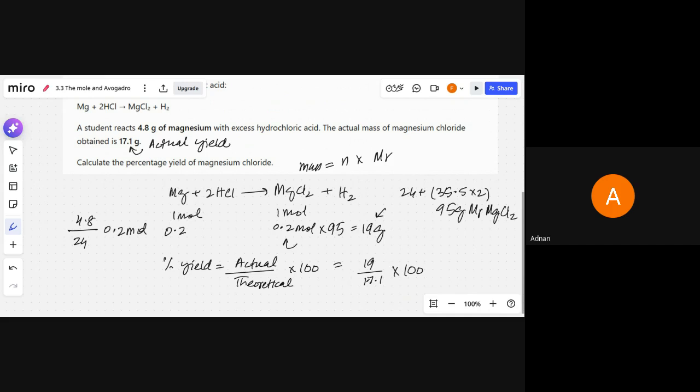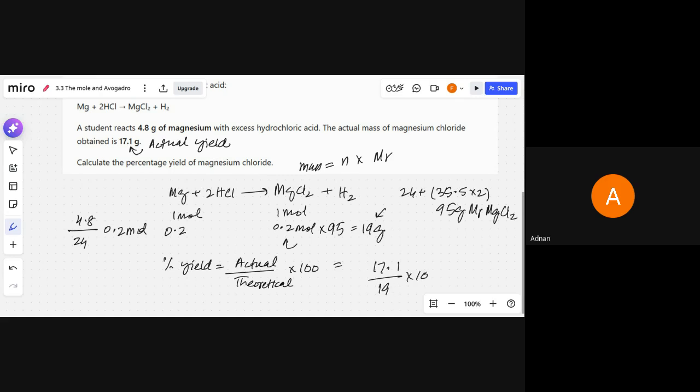First you do 19 divided by 17.1, because sometimes students who are not familiar with the... oh, wait, I made a mistake. It's actually 17.1 divided by, and theoretical is 19, right?